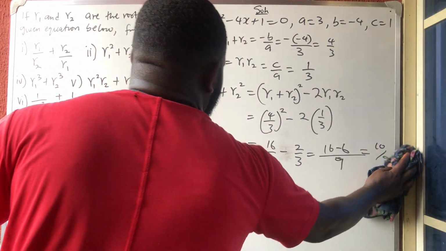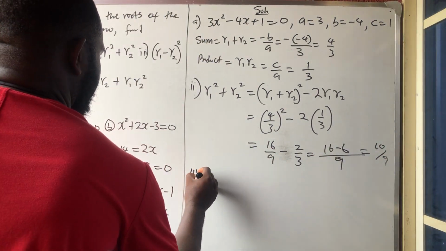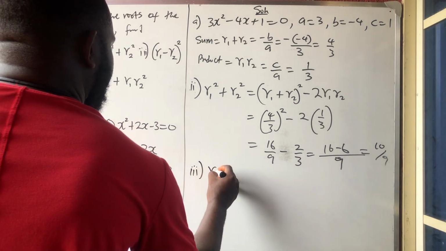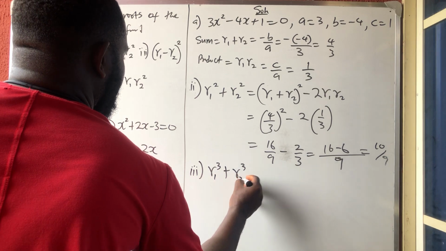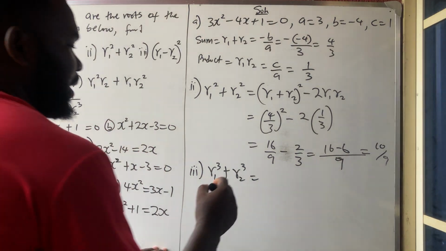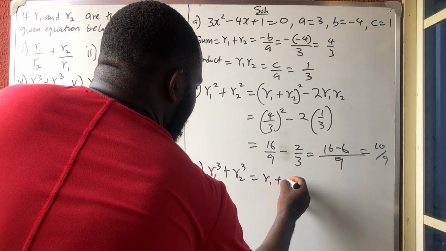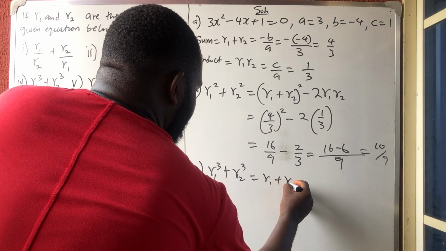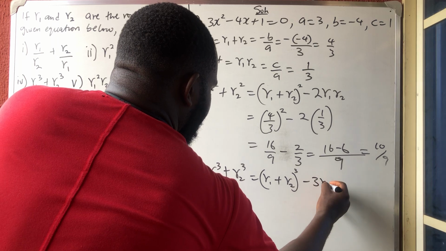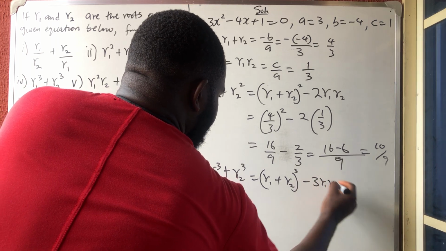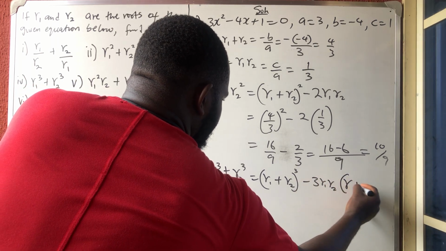So let's get III. III said alpha cube plus beta cube, that is r1 cube plus r2 cube. I told you that the formula here is alpha plus beta all cube, minus 3 alpha beta, then in bracket alpha plus beta.